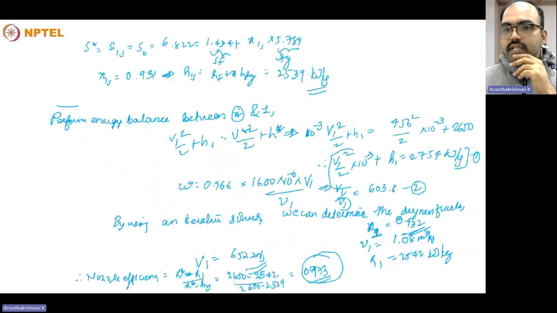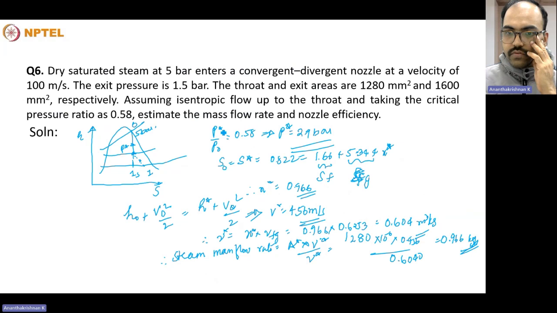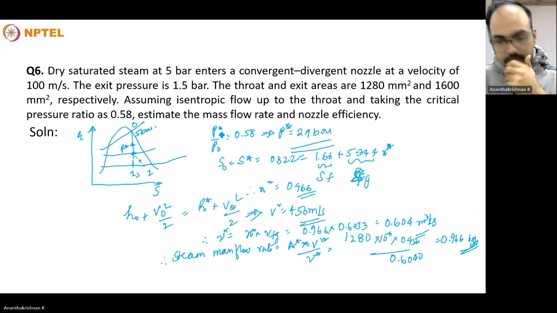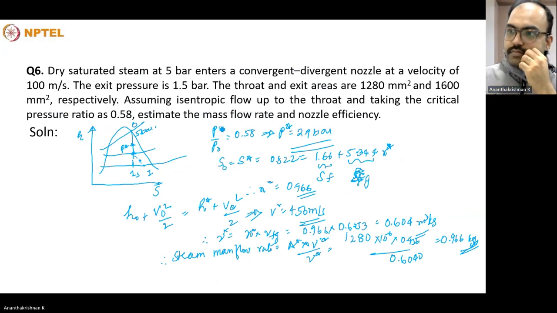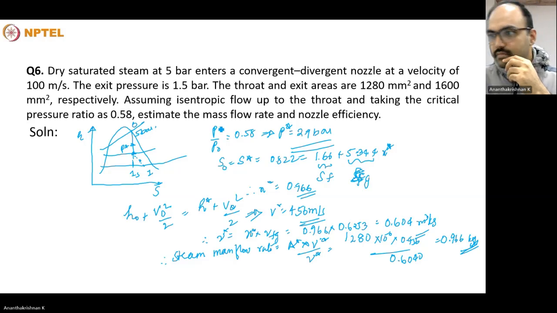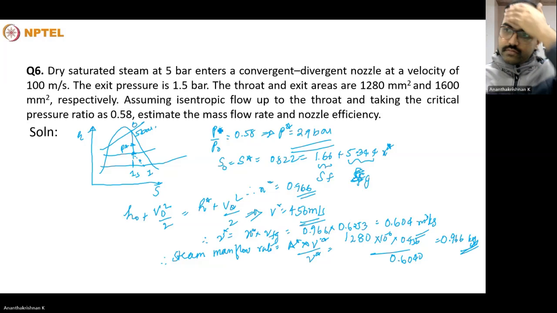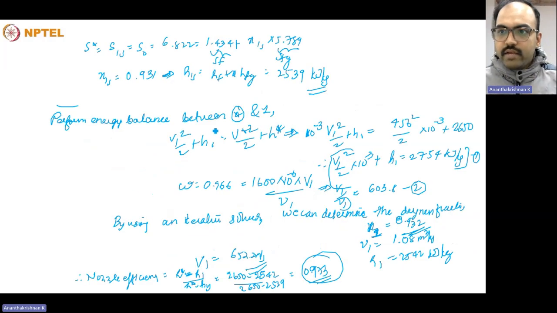And the second one is the nozzle efficiency. In the case of nozzle efficiency, that is slightly complicated.